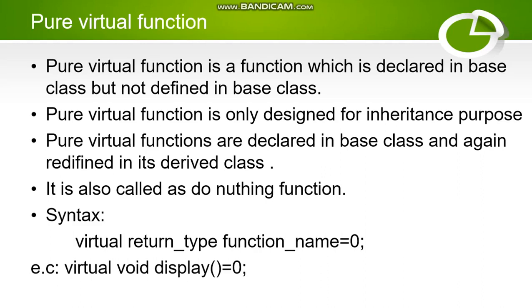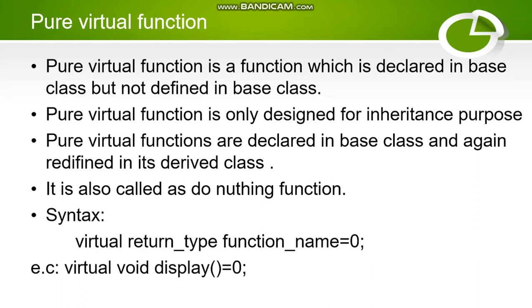Whenever a pure virtual function is declared in the base class, its definition is written in its derived class only. It is also called a do nothing function, because in the base class we are just declaring the function without doing anything.